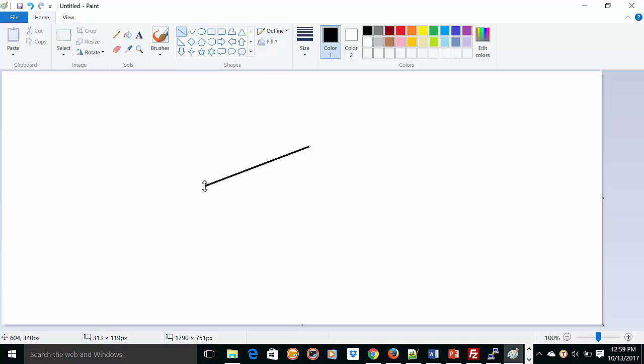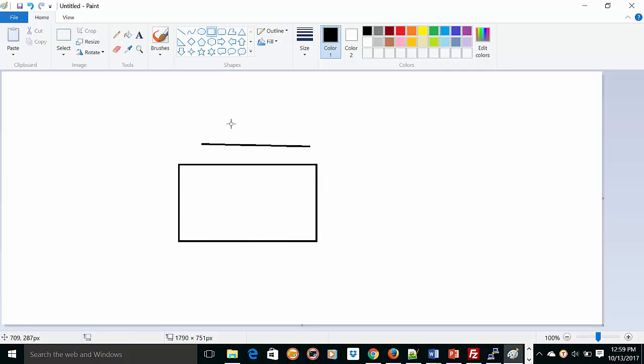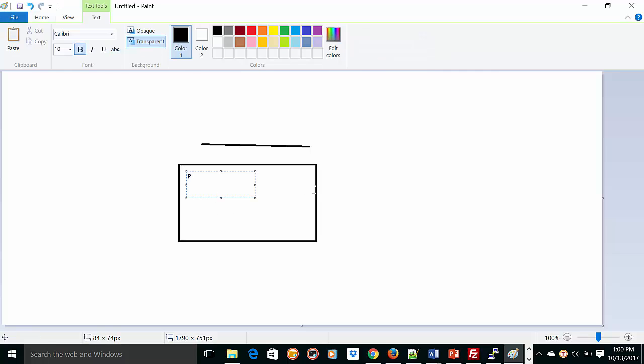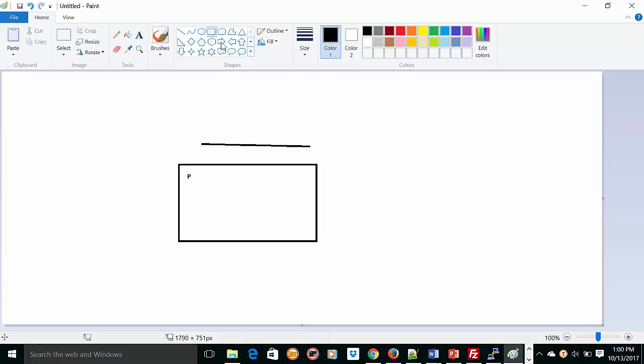So there's a node, and in the node you must have a point. And then you also probably need to store the bounding rectangle in there. And you probably also need to store pointers to the left and right subtrees.